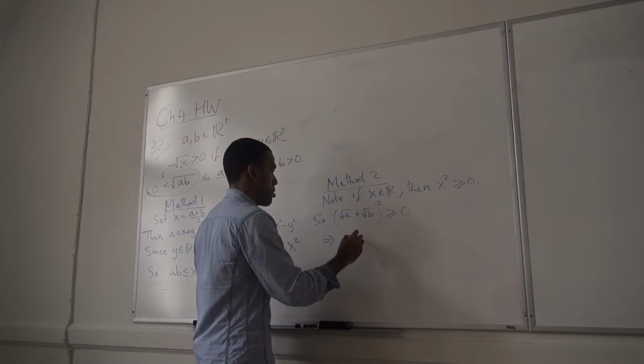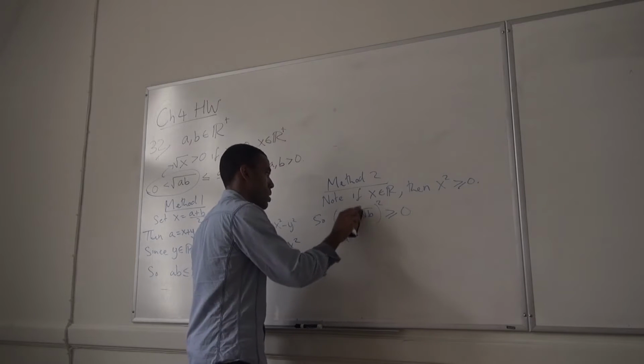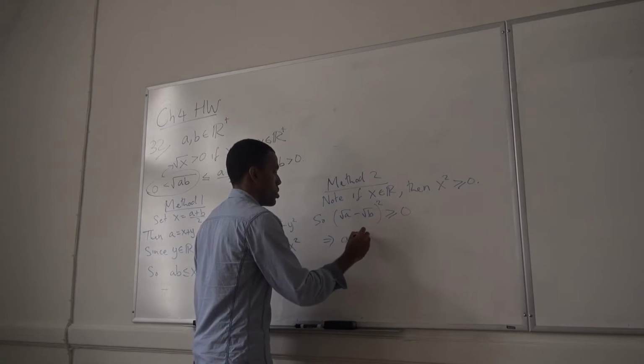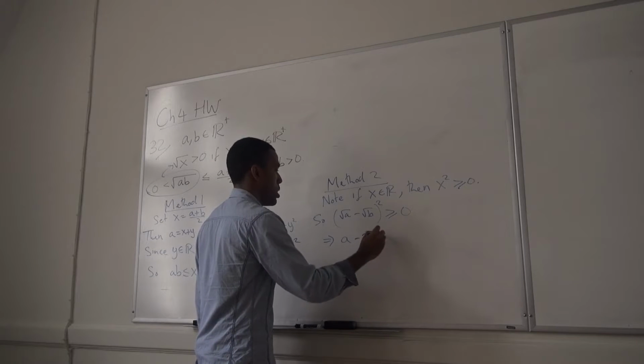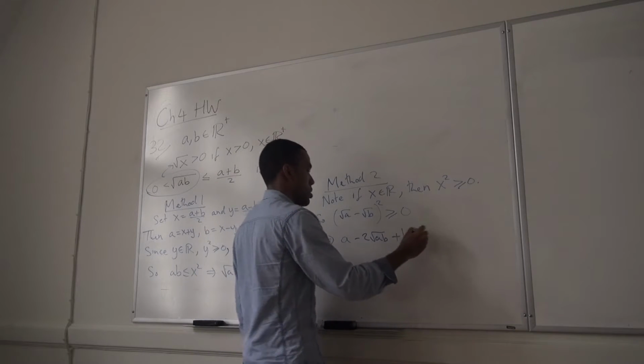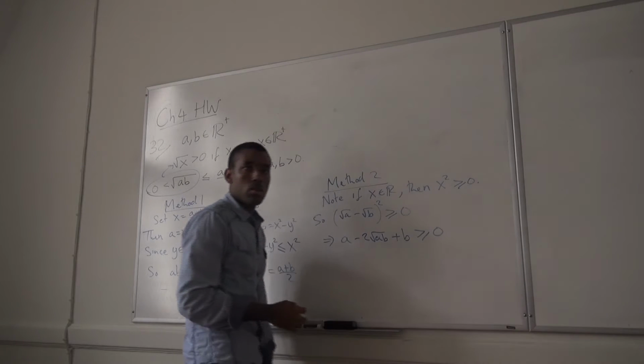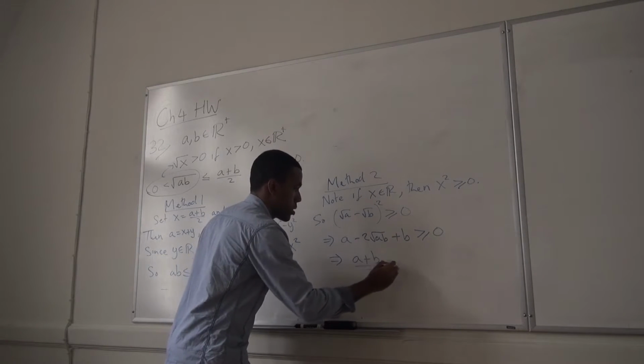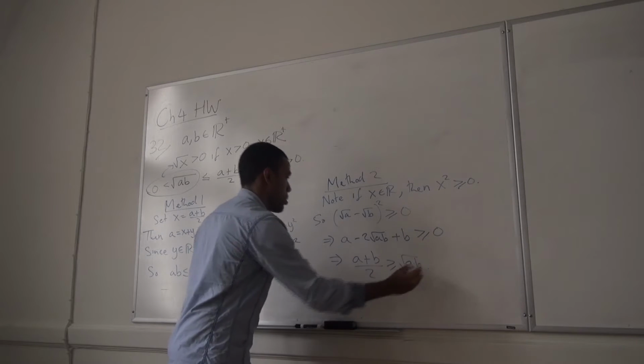So that's A, I want a minus here, A minus 2 radical AB plus B is greater than or equal to 0, which means that (A plus B) over 2 is greater than or equal to radical AB.